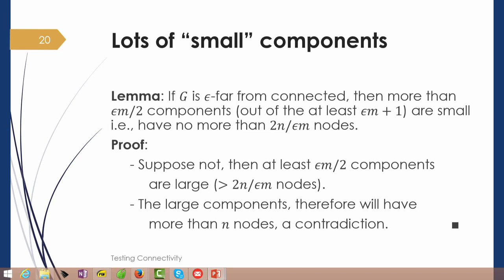Now recall that there are more than epsilon m plus 1 components in this graph, and we want to show that more than epsilon m by 2, about half of them at least, are small. And what do we mean by small? These are components that have no more than 2n over epsilon m nodes in them.